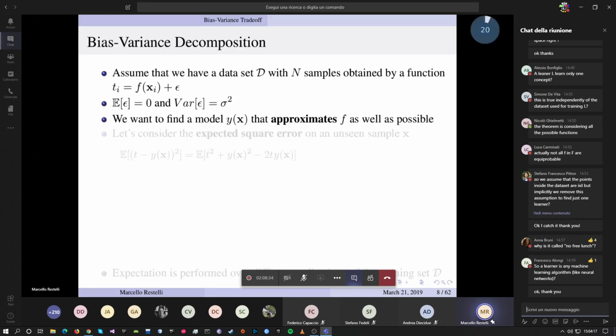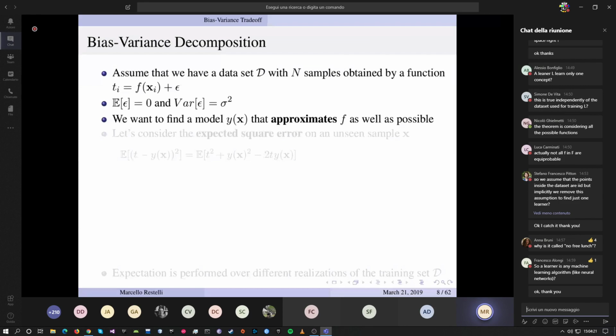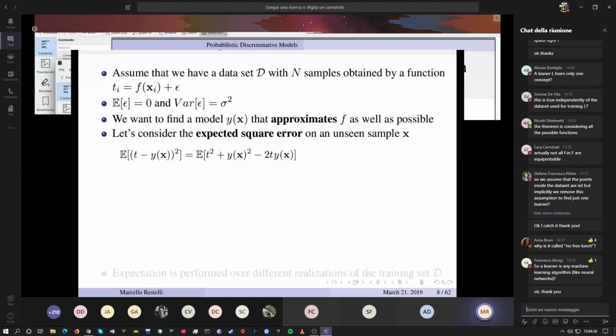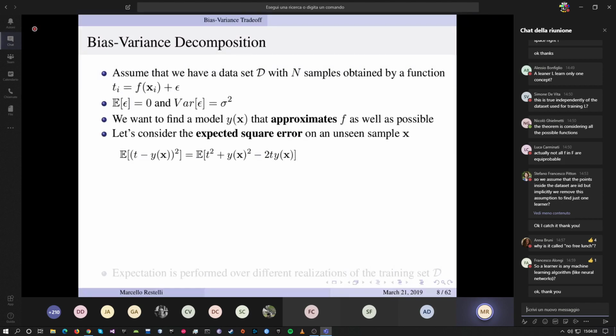Now, what we want to do, we already know this, is find a model y that approximates f as well as possible. In order to evaluate the loss of the model y with respect to the function f, we have seen that we can use, for instance, the expected square error.